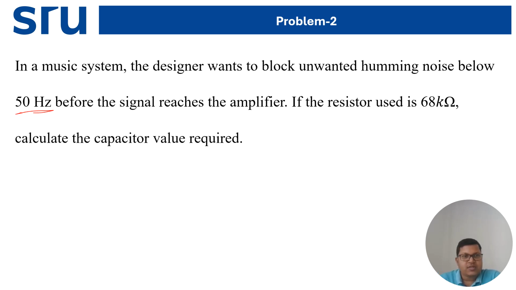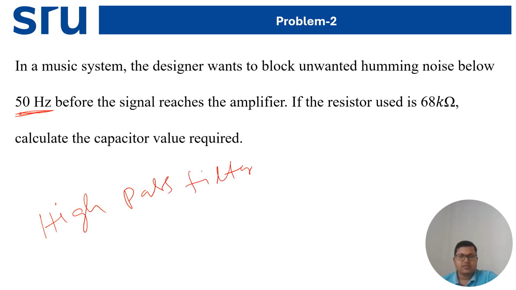We need to understand that 50 Hz is the cutoff frequency, and we want to block the frequencies below this point. That means this will be a high pass filter.